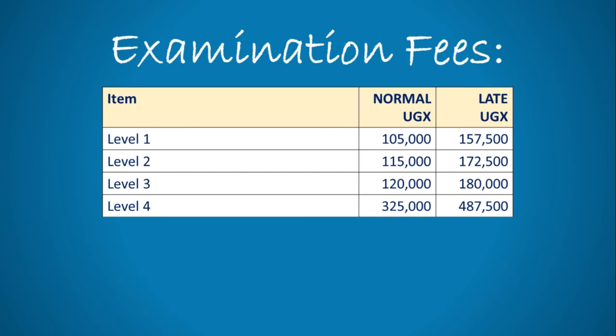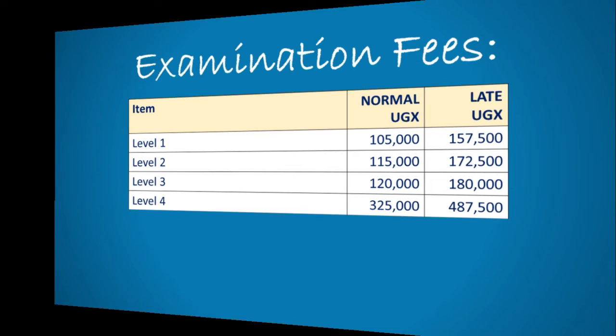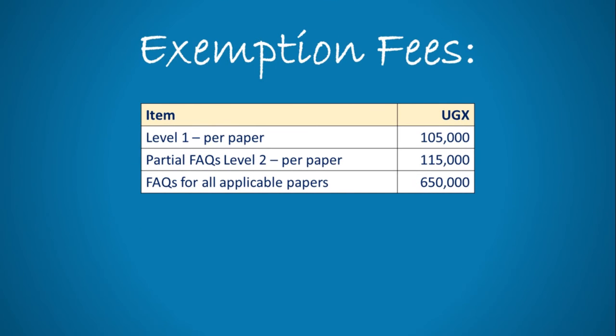Level 3 is 120,000 for normal registration, which comes to 180,000 if you do it late. Level 4, 325,000 normal registration, which comes to 487,500 late registration.